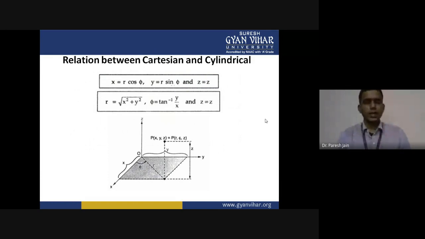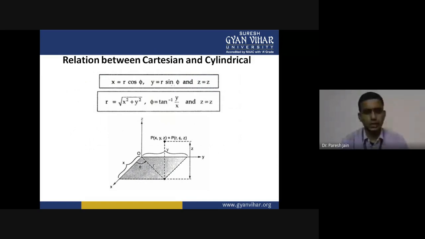Next we have r equal to the under root of x square plus y square.